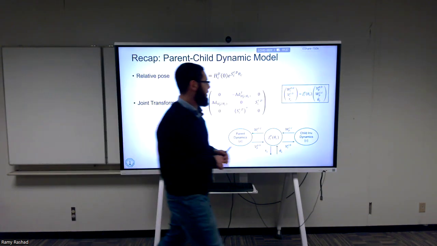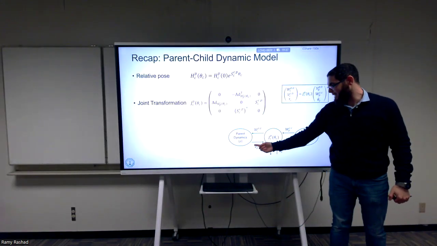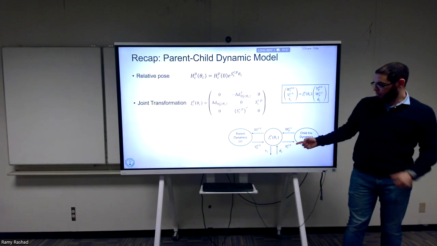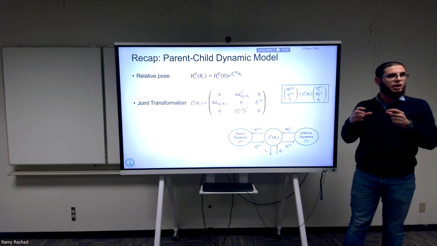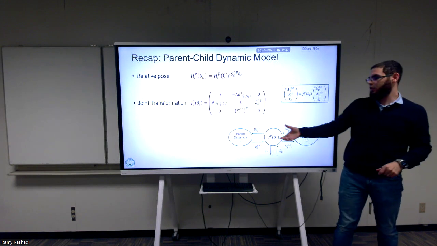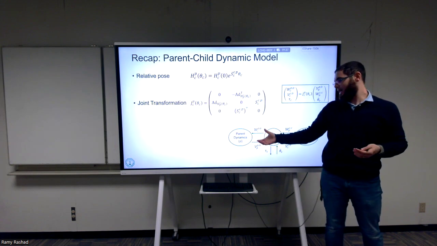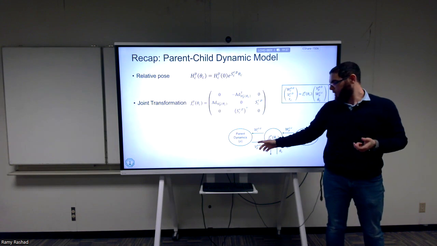The fact that we have here the body twist of the parent as an output from the parent dynamics, and the body twist of the child as an input to the child dynamics, changes the way that we describe these dynamics. So in this case, we call it an integral causality or a natural causality, in the sense that we take the wrench and then we integrate from it V dot.